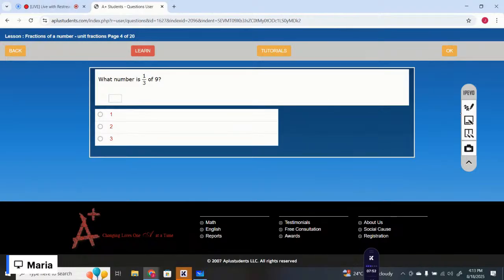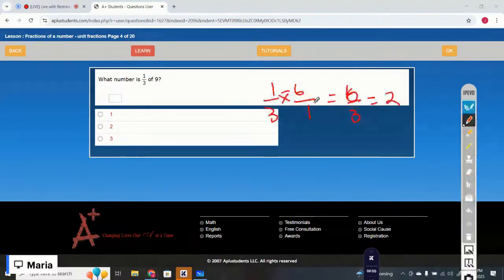What number is 1/3 of 9? What is 1/3 of 9? 9 times 1 is 9 and 3 times 1 is 3.